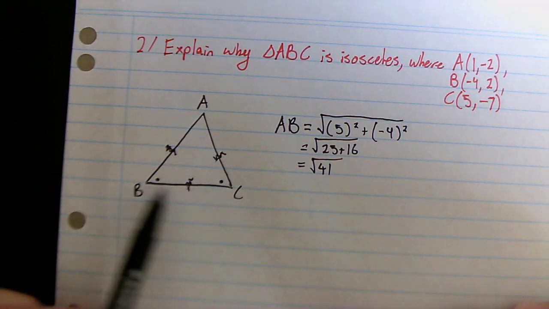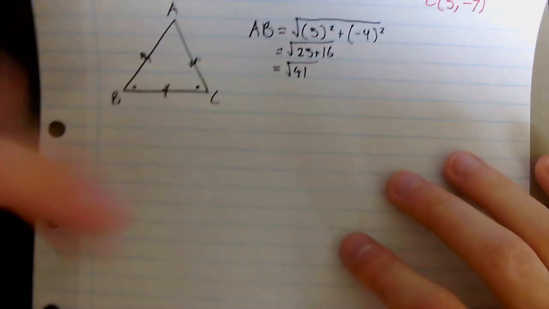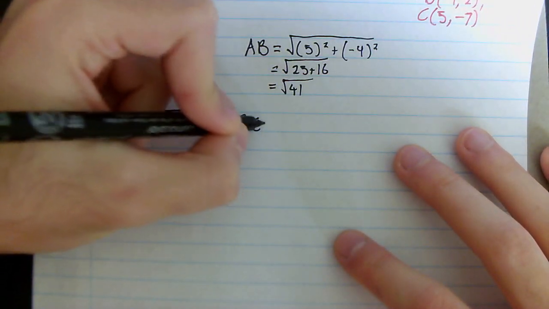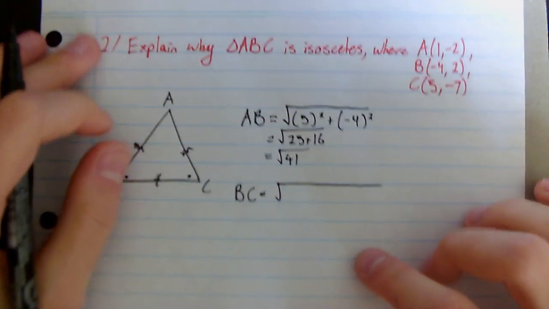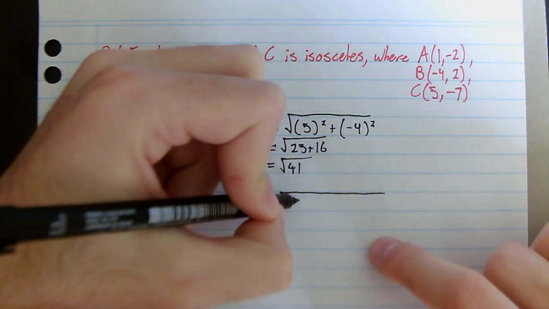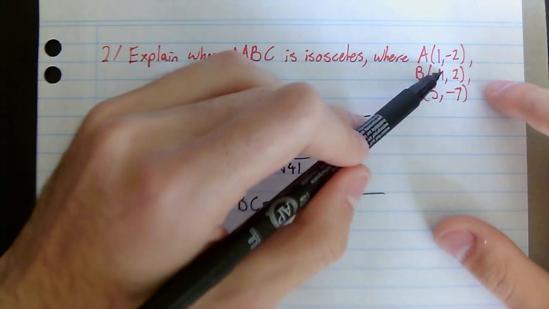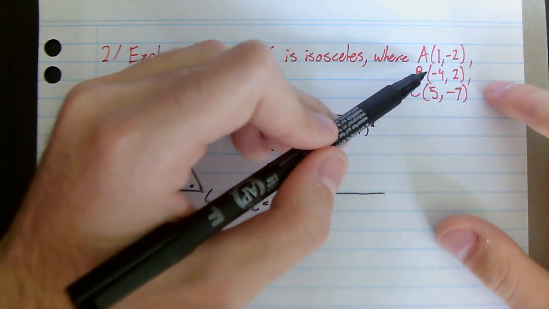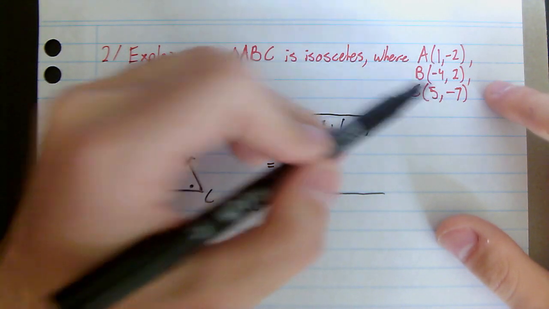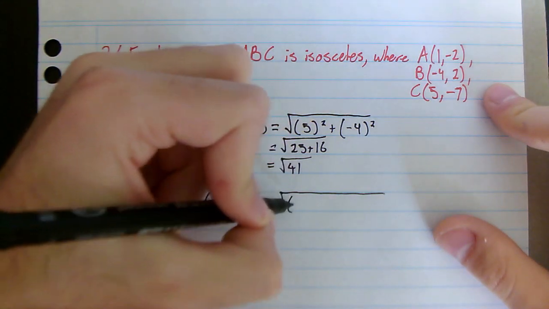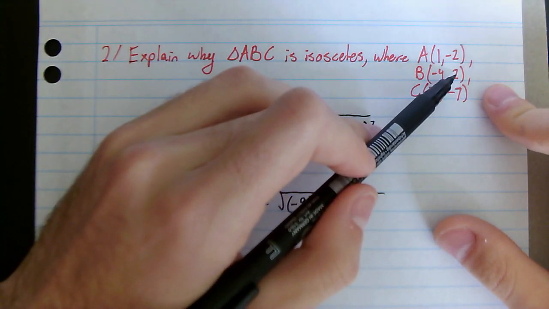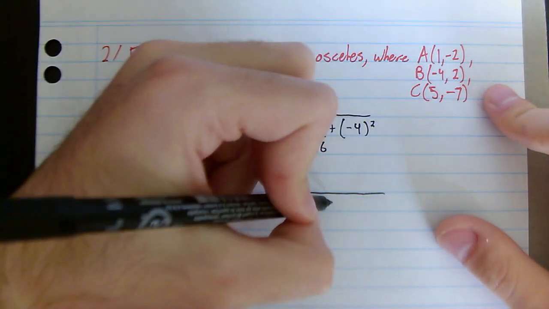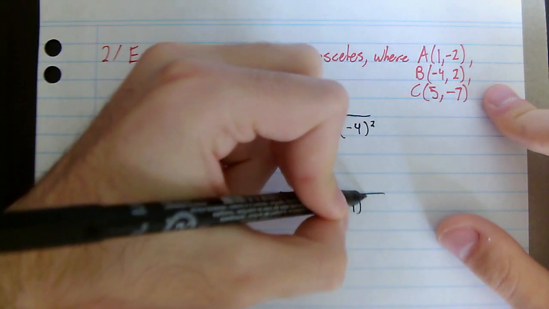So let's now consider the distance BC. BC is equal to the square root of, yet again, x2 minus x1. We're considering these 2 points here, so x2 minus x1 is minus 4 minus 5, which is negative 9 squared. Then y2 minus y1 is 2 minus minus 7, which is 2 plus 7, which is 9 squared.